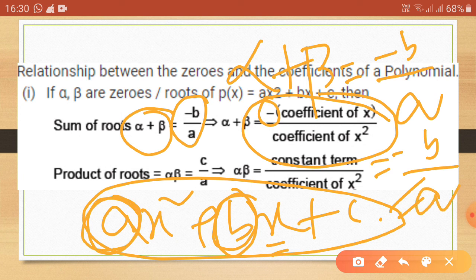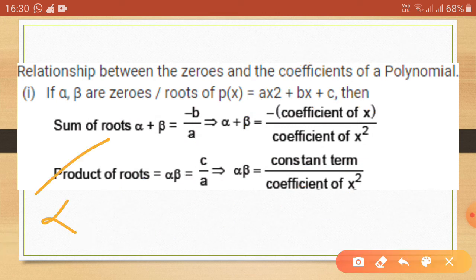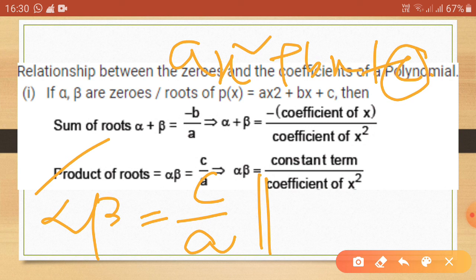Got that formula? Okay, and next is the product of roots. For the product of roots, the formula is alpha into beta, because we know these are the zeros, equal to c by a. We know the expression ax square plus bx plus c, so to find the product of the roots we have to look at c, because it is the constant term.